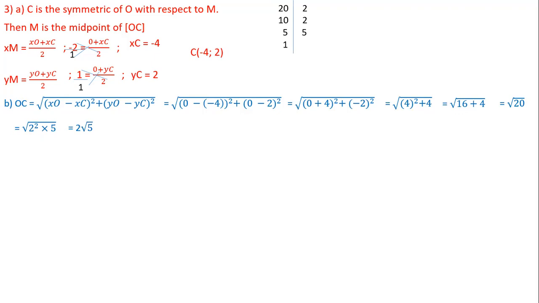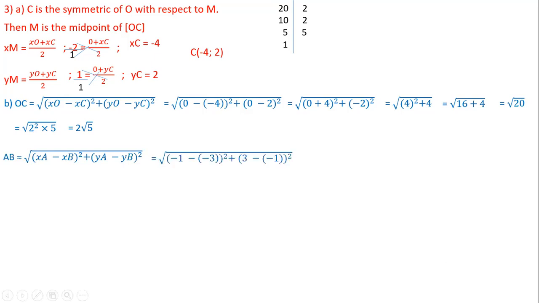Now we should calculate AB, Hadi. AB is equal to the radical of (XA minus XB) all squared plus (YA minus YB) all squared. Bravo. Now if we replace, we get this.